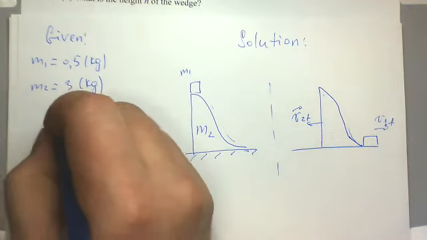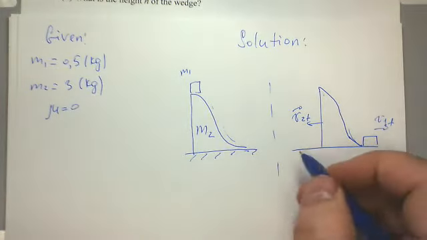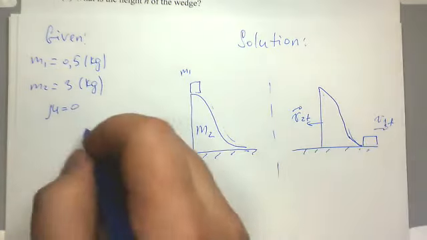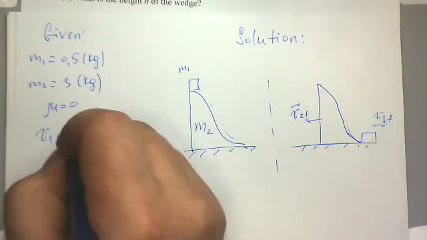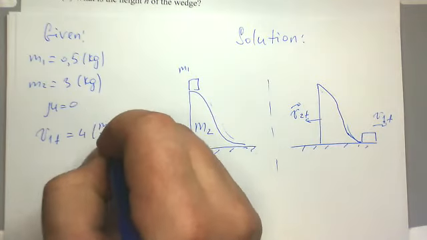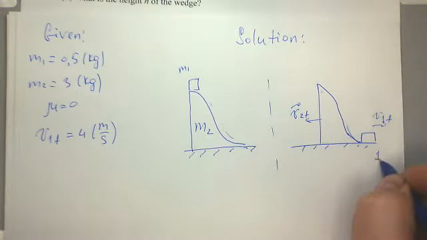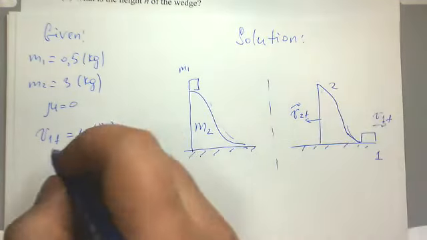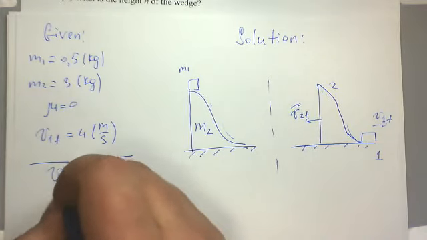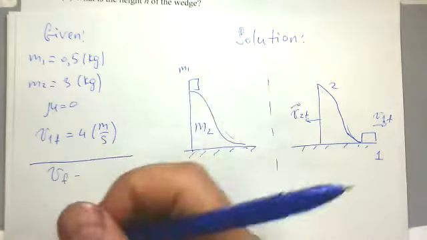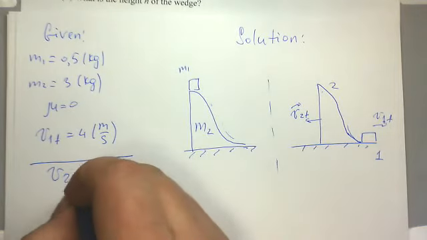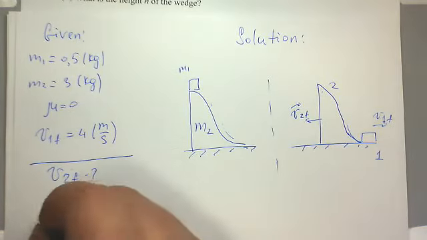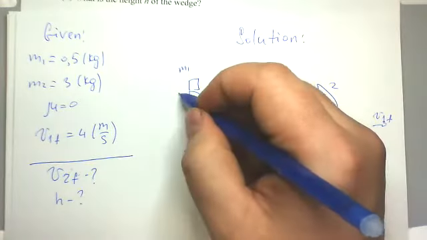There is no friction in the problem, everything is frictionless, so the coefficient of friction is 0. And v1 final is directed to the right and has a magnitude of 4 meters per second. So this is object number 1, and this is object number 2. We need to find the speed of the second object, which is the wedge, and the height. So this wedge has a height.